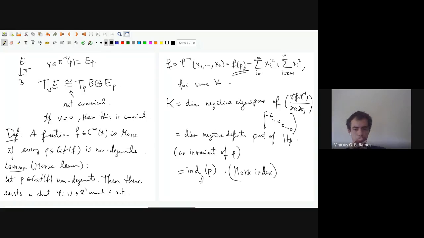If you have a Morse function, you can always translate it to take the chosen critical point to 0 if you want. But you can't do all of them to 0 at the same time, usually, unless you're lucky and they all have the same image.